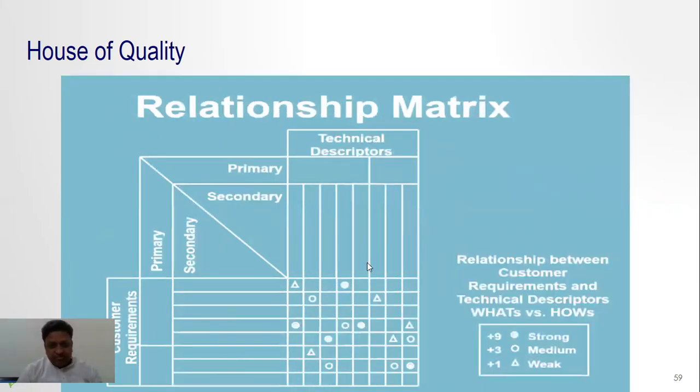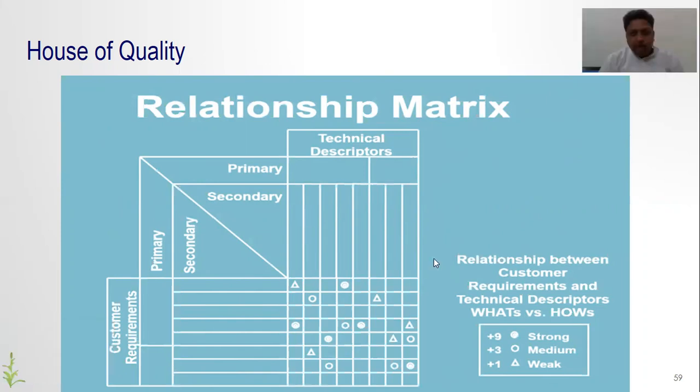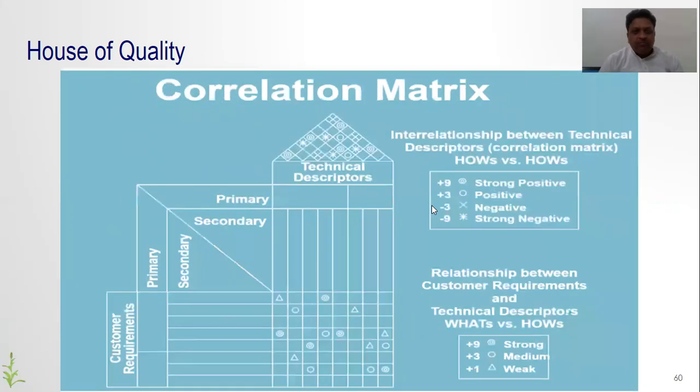Relationship matrix: you have to correlate the technical descriptions and customer requirements. Correlation matrix: customer requirements versus technical descriptors correlation.